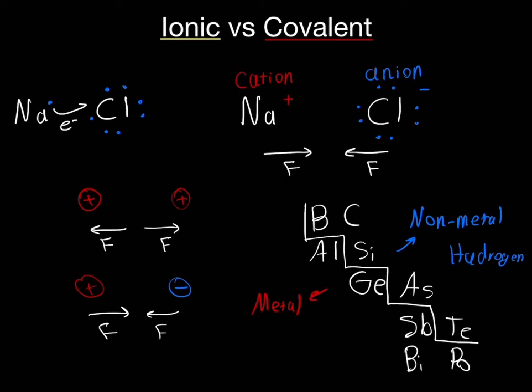Usually, in most cases, in ionic compounds, the metal is going to give 1 or more electrons to the nonmetal, and then the metal will become positively charged, and the nonmetal will become negatively charged. And then, as a result of those charges, they're going to attract and form what is called an ionic bond.